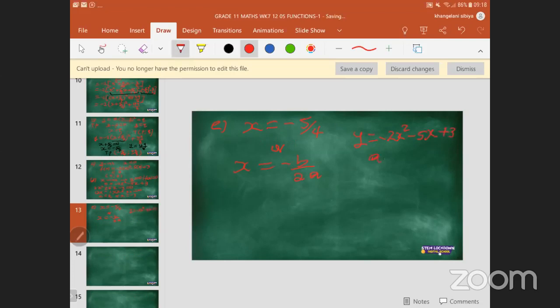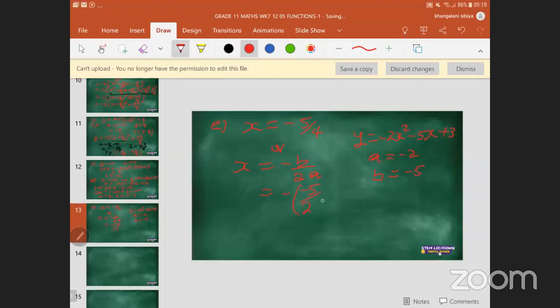What is our a here? Our a is minus 2, but our b is negative 5. All right, let's substitute. This will be minus, you open the bracket. Our b is negative 5 over 2.